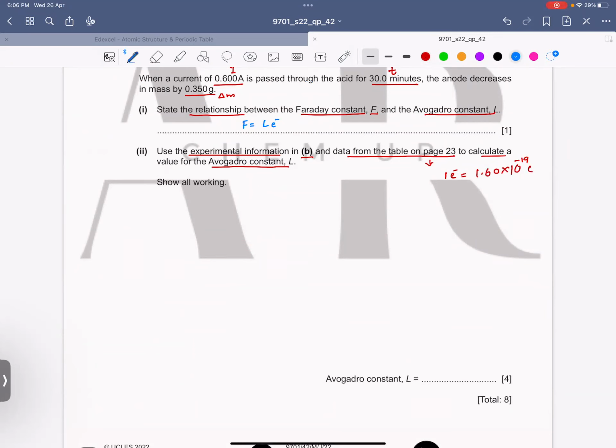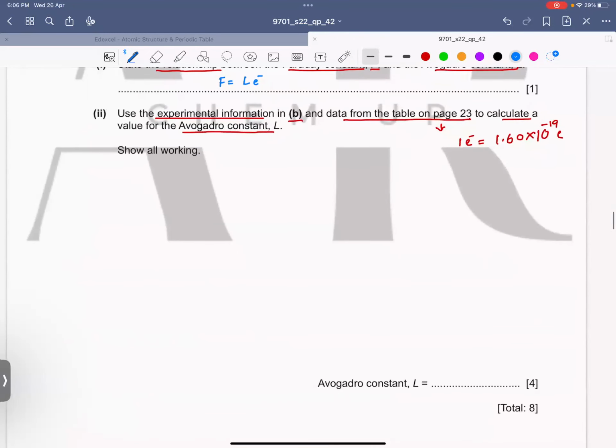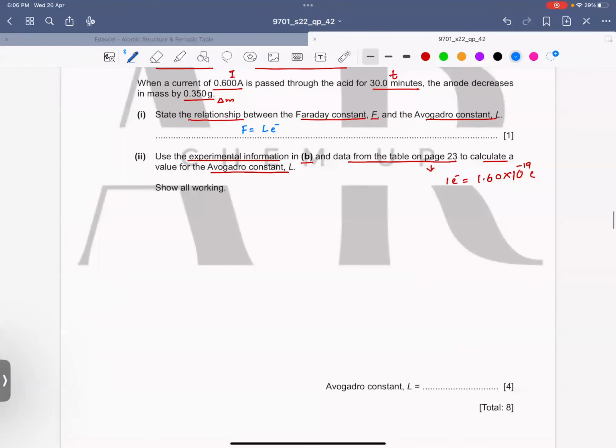Now, if we look at the data, we can relate the charge and the mass. As they are copper electrodes, it would be Cu2+ ions, and the half equation at the cathode would be this.